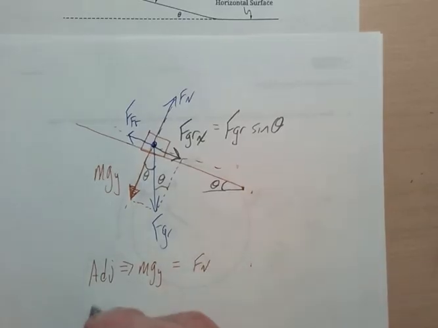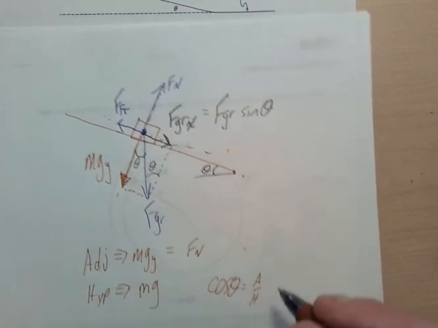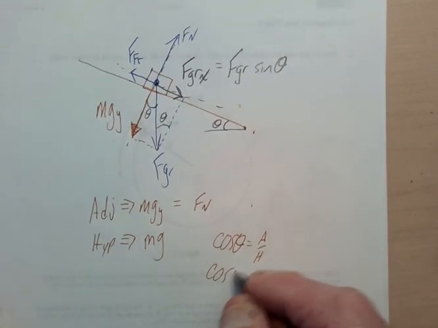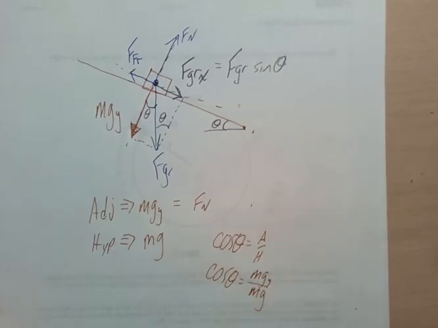And we have the hypotenuse as the force of gravity, which is just mg. Right, so let's see, adjacent over hypotenuse. The cosine of an angle is adjacent over hypotenuse. The cosine of this angle is adjacent, mg on the y-axis over mg. And so what is mg on the y-axis? Multiply both sides by mg.